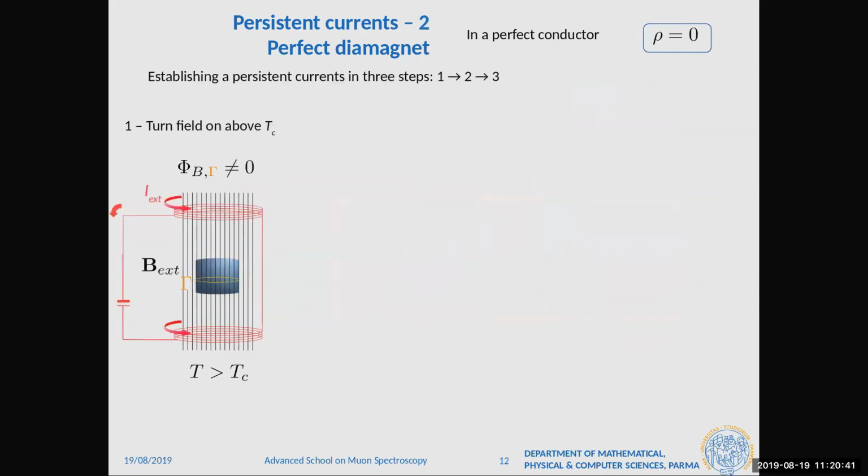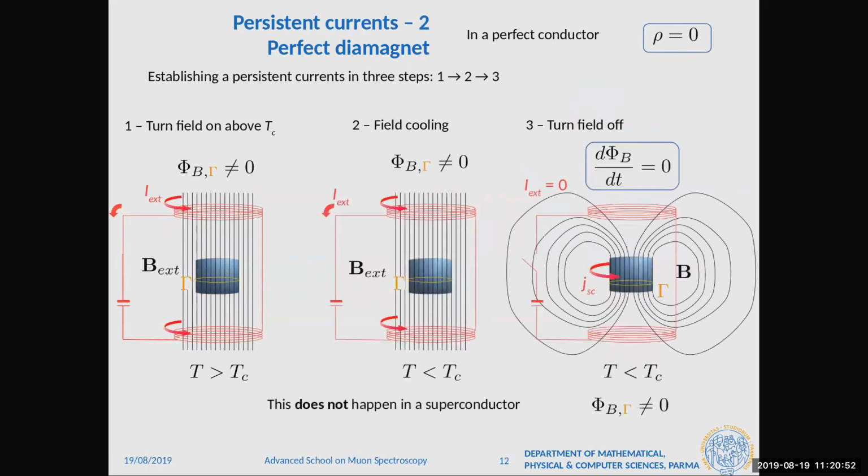But the difference is, if you now do this other experiment, you have a field already above the transition temperature, the actual transition temperature of the superconductor, and you cool down in the field. Then the perfect conductor sees no difference from a Faraday law point of view, and will still have the flux inside. So if you stop the current outside now, it will produce a spontaneous current and make a magnet.